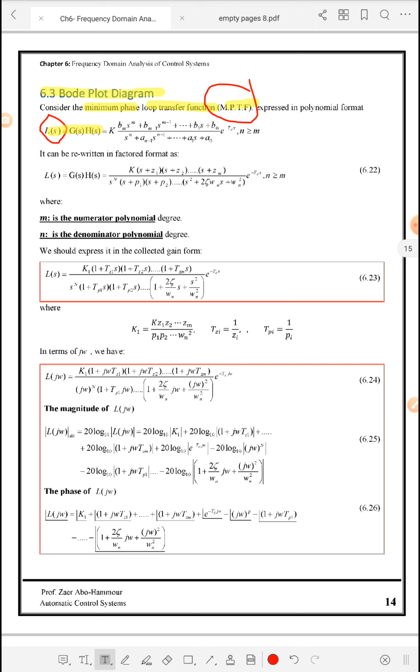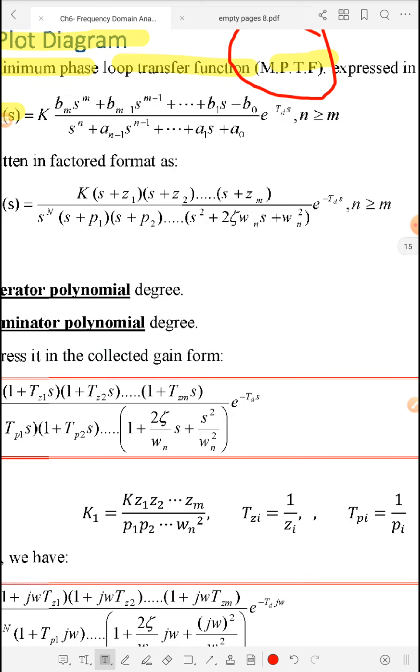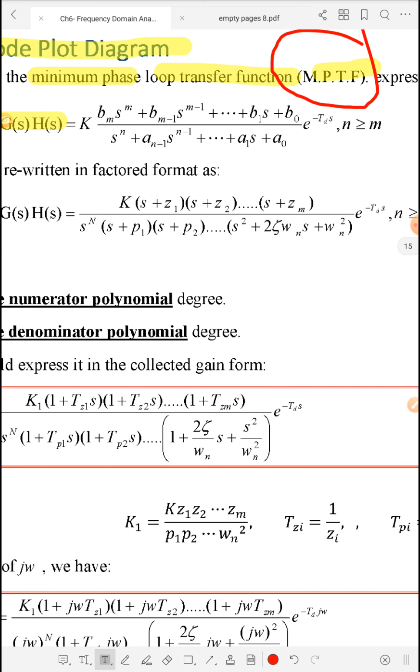Minimum phase transfer function means that all of the roots of the numerator polynomial and the denominator polynomial are in the left half side of the S-plane. So this is the numerator polynomial. This is the denominator polynomial. All of the roots of the numerator and the denominator are in the left.